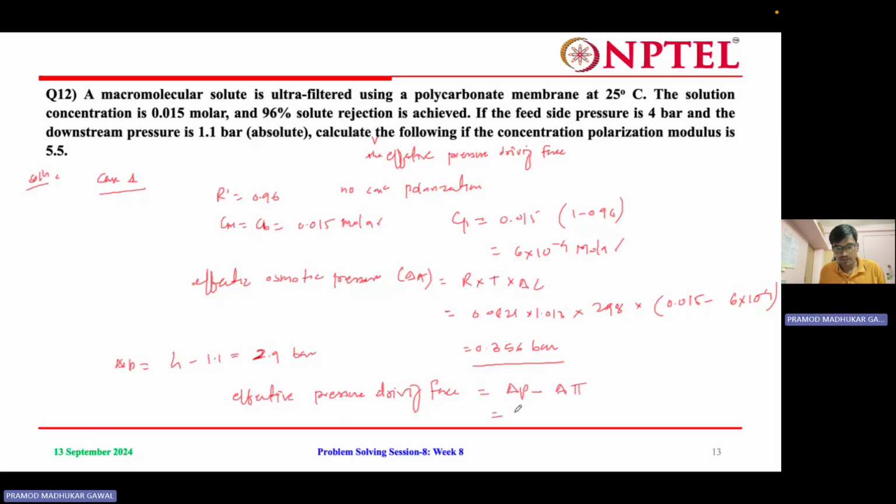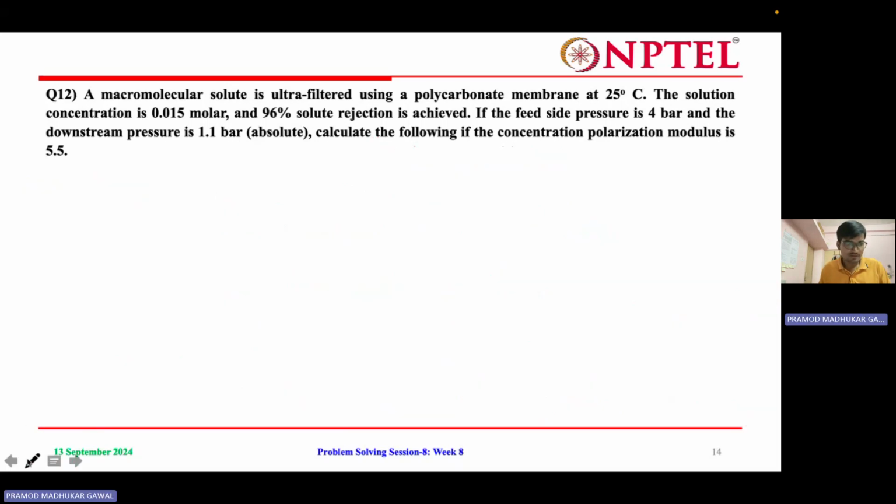So delta P is 2.9 minus 0.356 gives 2.543 bar. So this is the effective pressure driving force for the first case. Now in the second case, if the concentration polarization modulus is 5.5, then we have to calculate the effective pressure driving force.